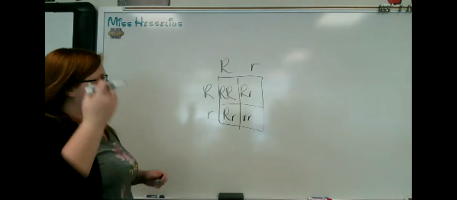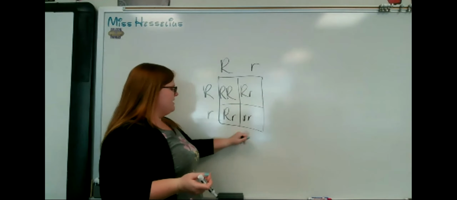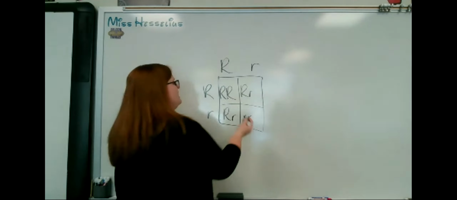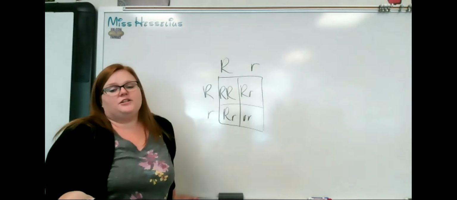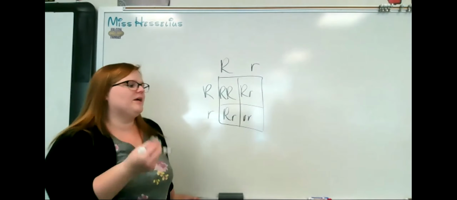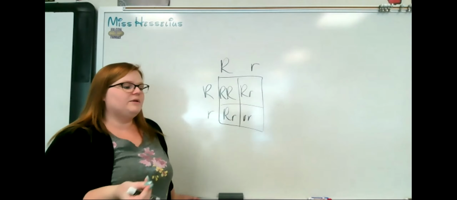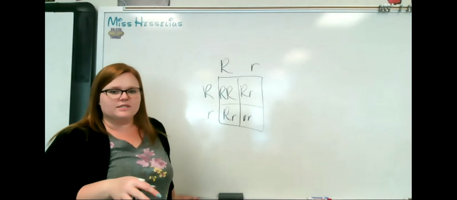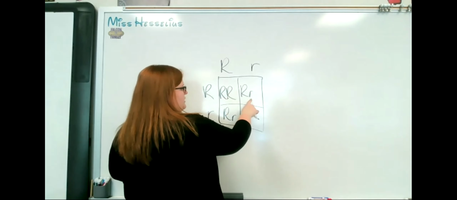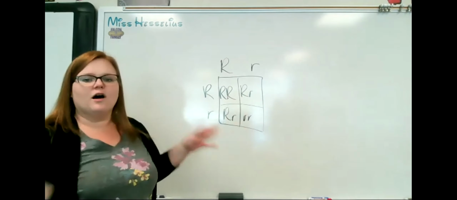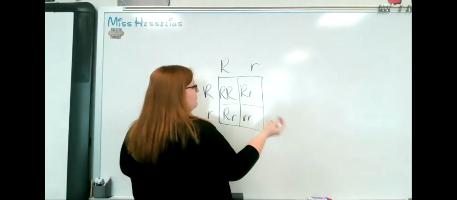So when you're looking at this, if the question asked what the chances are that their kid would have brown eyes, because dominant alleles are dominant, that just means they cover up. If you have a copy of one dominant allele, it's always going to cover up the recessive allele. So even if you have a copy of the blue-eye gene, because brown eyes is dominant, it's going to cover up that trait in your phenotype.